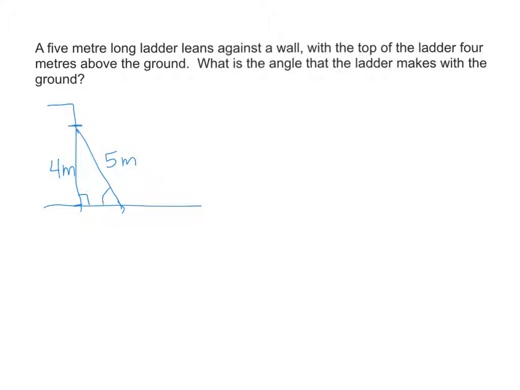So that means we're trying to find this angle down at the bottom. If this is the angle down here that we have, then we have this side, which is opposite, and this one, the hypotenuse. Opposite over hypotenuse is sine.